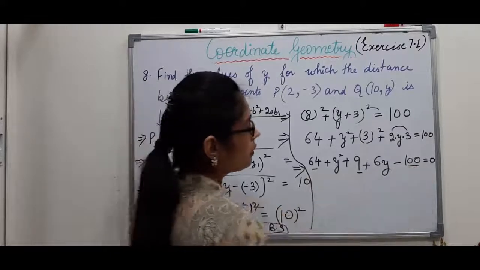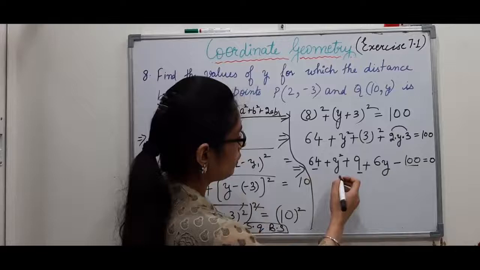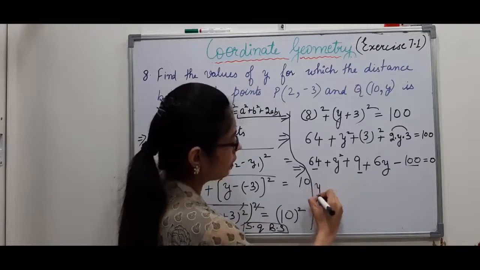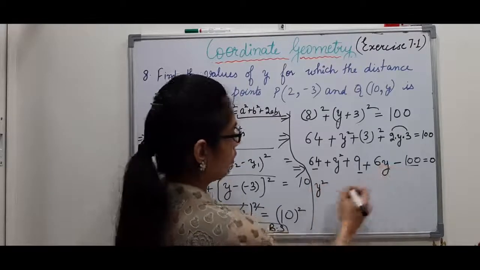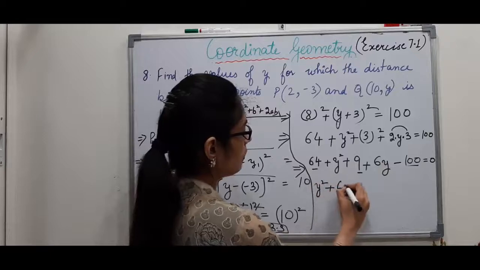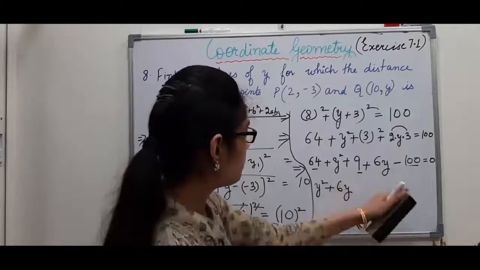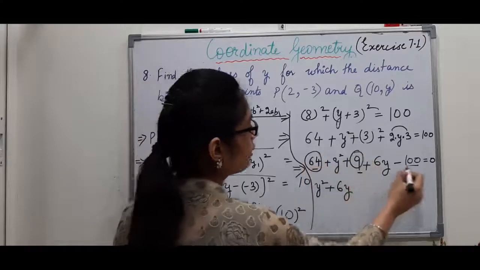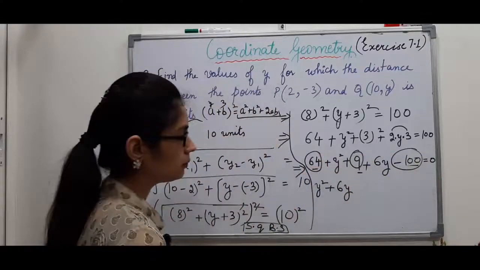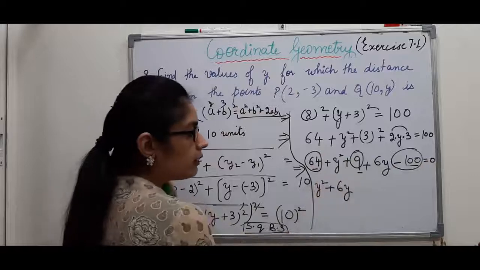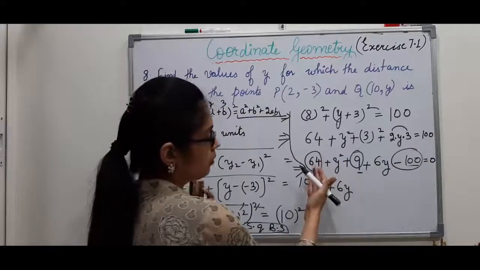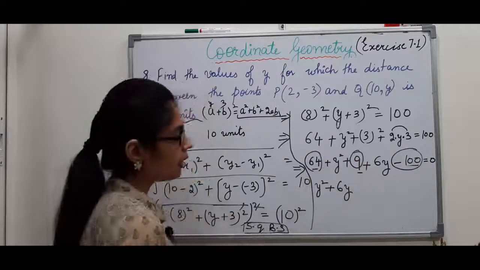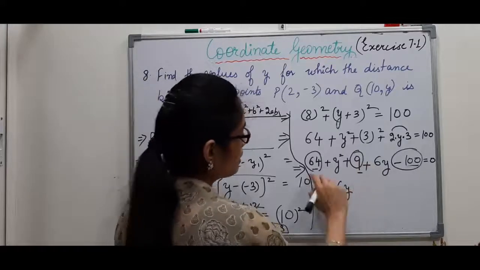Now all the like terms we can add. So at the starting I can write y square, then I have plus 6y. Now these terms I can add. I have 64, 9 and minus 100, these are like terms. So first of all I will add these two because both are positive terms. So I can add, it will be 73.